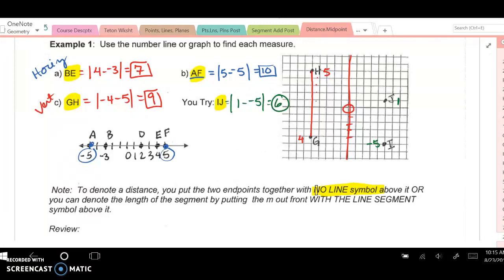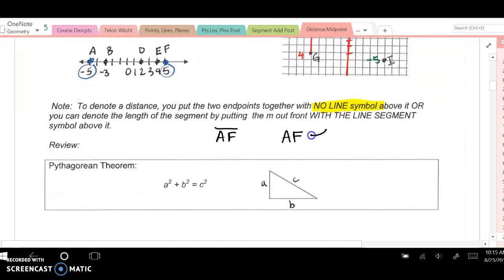All of these were indicating just the distance between 2 points. There's a difference between AF with a line segment over it and AF without one. This one is the distance between 2 points. This one is indicating a line segment AF. Just a little picky difference there.